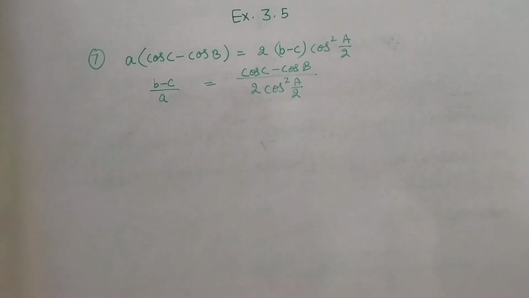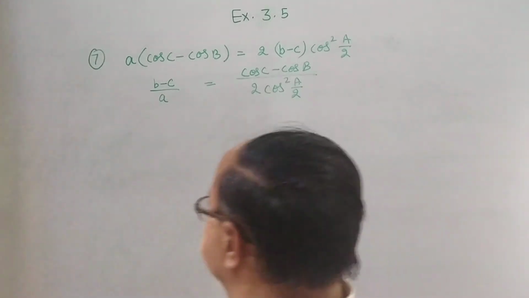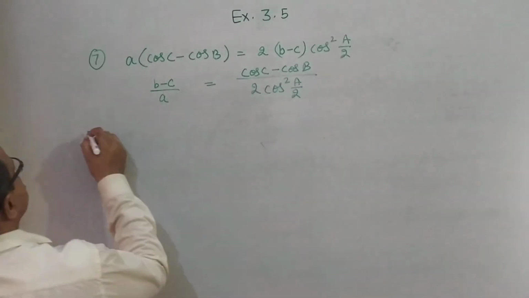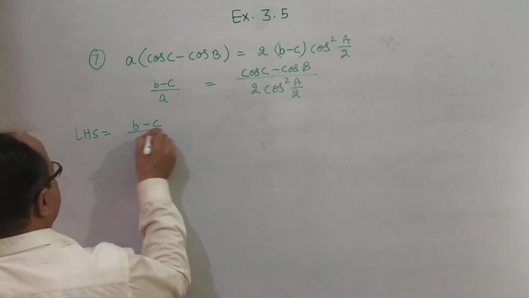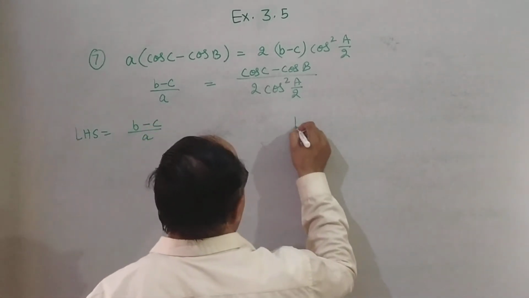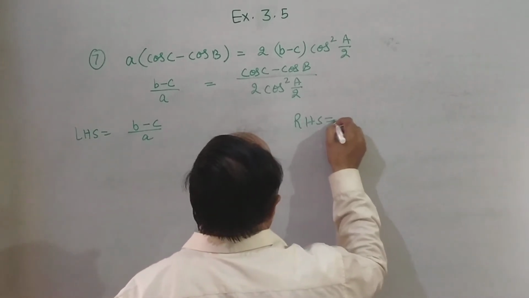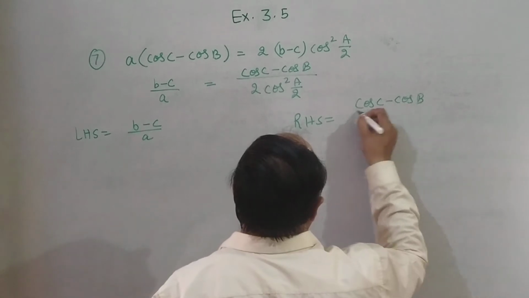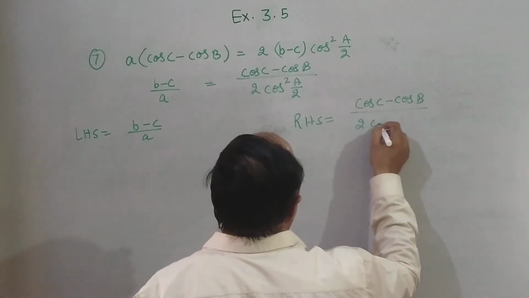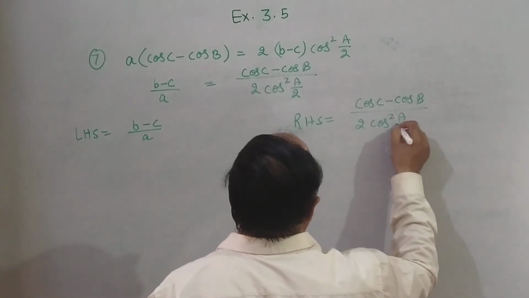You can arrange, because after simplification we can solve the question easily. Otherwise we can solve directly using the cosine formula, but that is the lengthy method. Now we solve the left hand side, then the right hand side. Left hand side is (b minus c) by a, and the right hand side is cos C minus cos B upon 2 cos square A by 2.